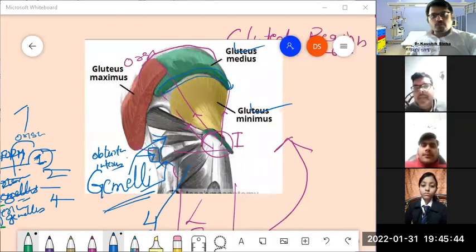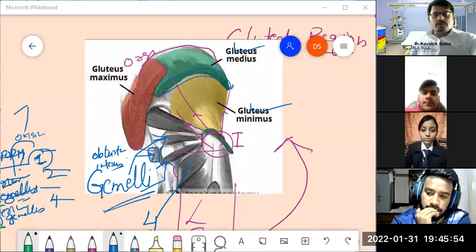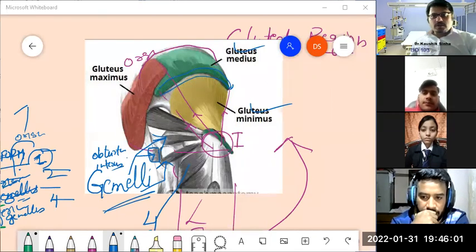Since we are viewing the posterior aspect of the hip here, the description of the thigh area would better begin with the posterior aspect only. So let me bring on your screen the view of the thigh as seen from the back.